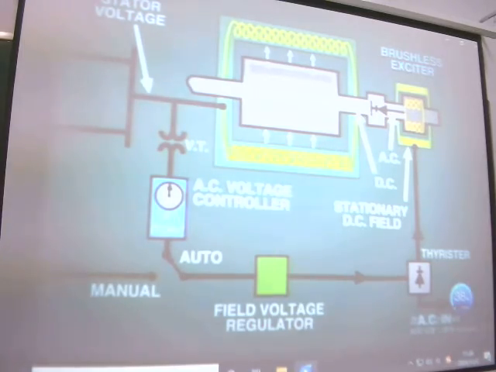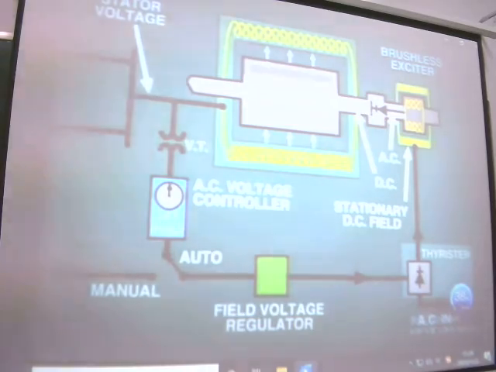Control of the DC excitation current is effected by adjusting the strength of the exciter magnetic field, and this is done by controlling the DC current flow through the field winding. This DC field current is supplied from a rectifier which is located in a nearby cabinet.